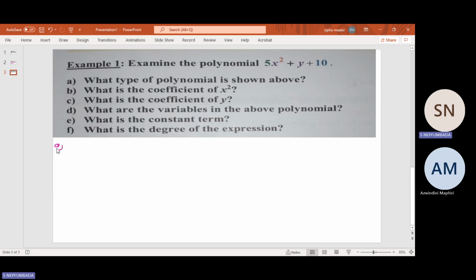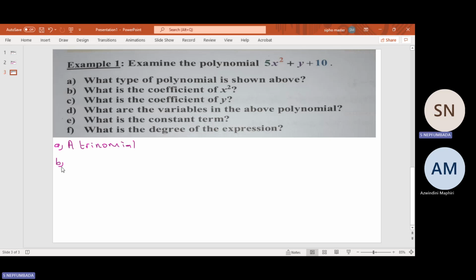On A, they say, what type of polynomial is shown above? Trinomial. Why are you saying so? Because that's three terms. Yes, it's a trinomial because it has three terms in the expression.